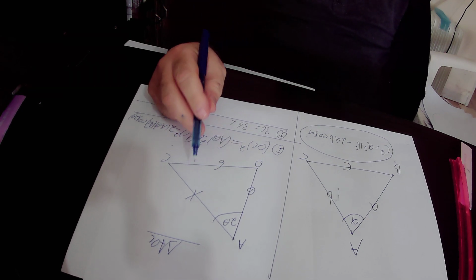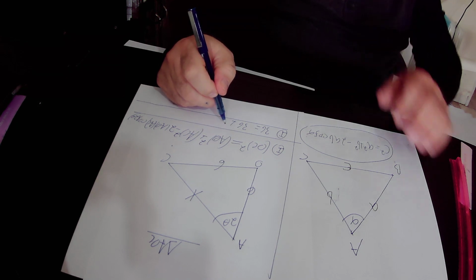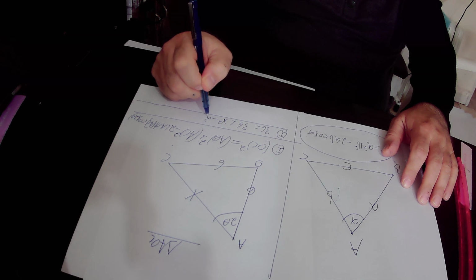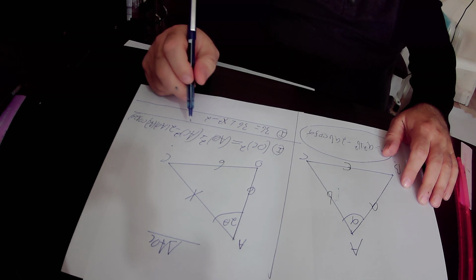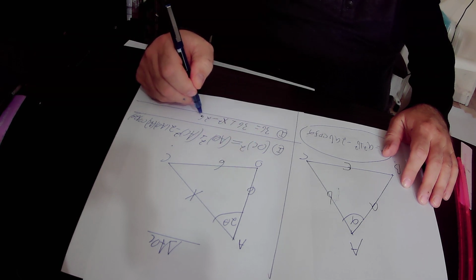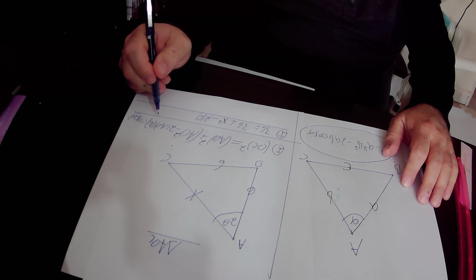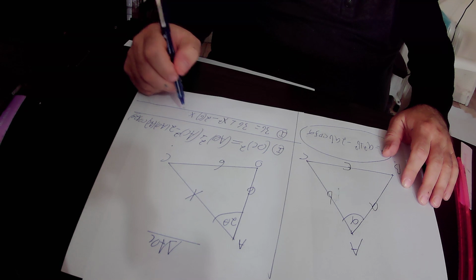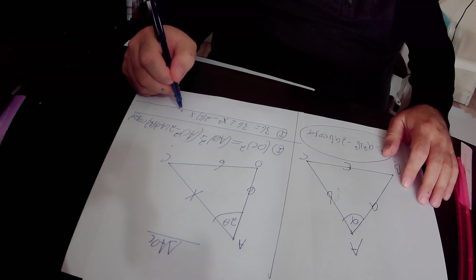AC equals x, so AC squared is x squared. Minus 2 times AO, 6, and AC is x, times cosine 2 theta.